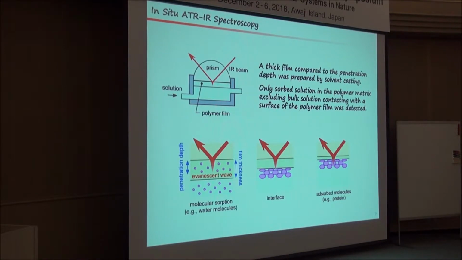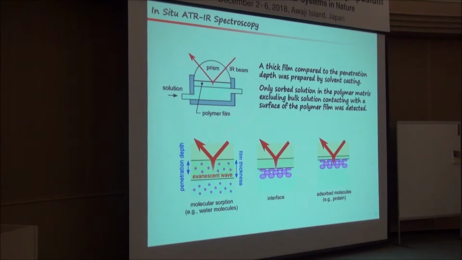In this case, a thick polymer film, compared to the penetration depth generated at the prism-polymer interface, was prepared by the solvent casting method. In this case, only water molecules dissolved in the polymer matrix were detected, excluding the bulk water contacting the surface of the polymer film, because the thickness of the film is much thicker than the penetration depth.